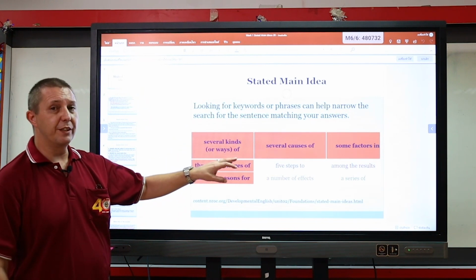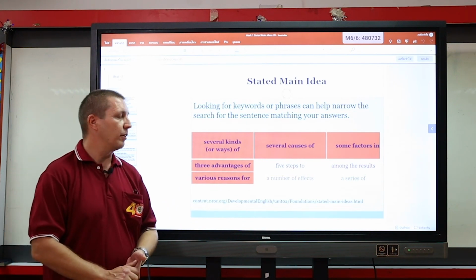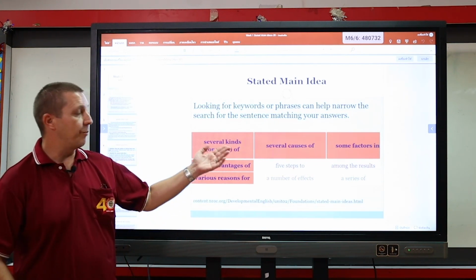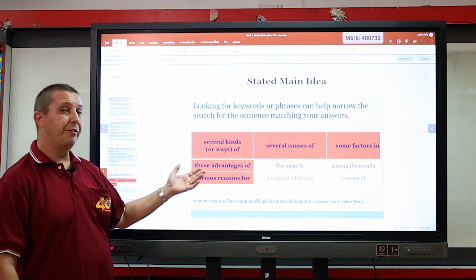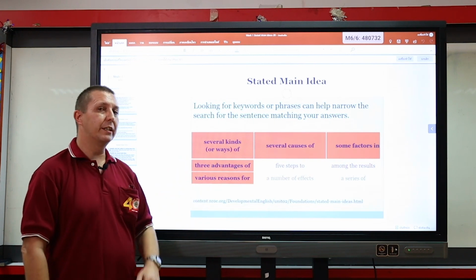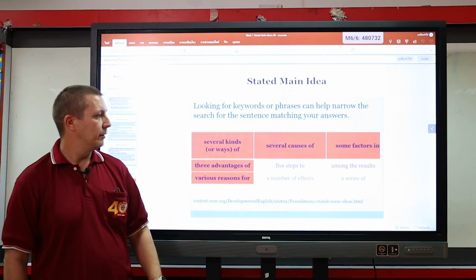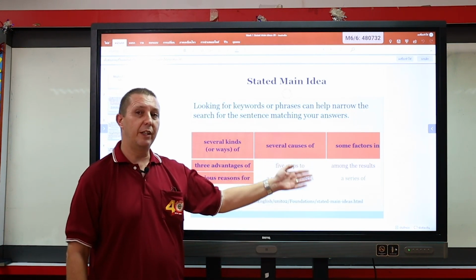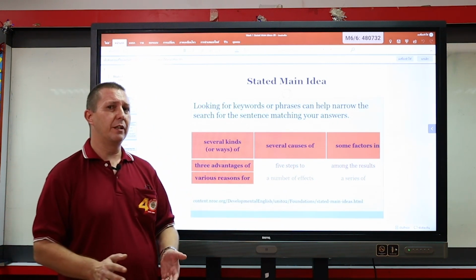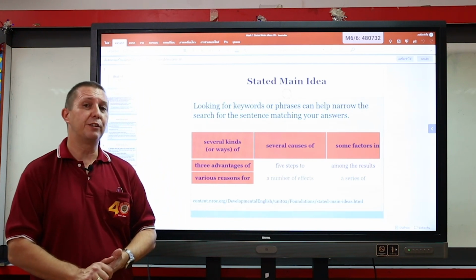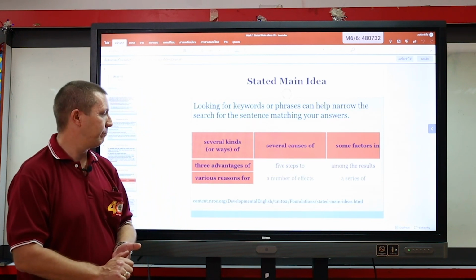Sometimes, some of these phrases, or there are more of course, things like several kinds or several ways of, several causes of, some factors in, three advantages of, various reasons for, 5 steps to, a number of effects, among the results, or a series of. These are just one or a few of the many types of phrases or words that may be used to help you identify the topic sentence or the main idea.